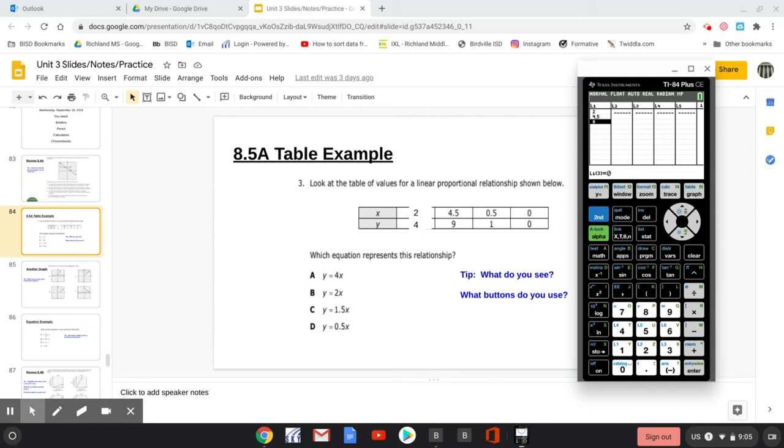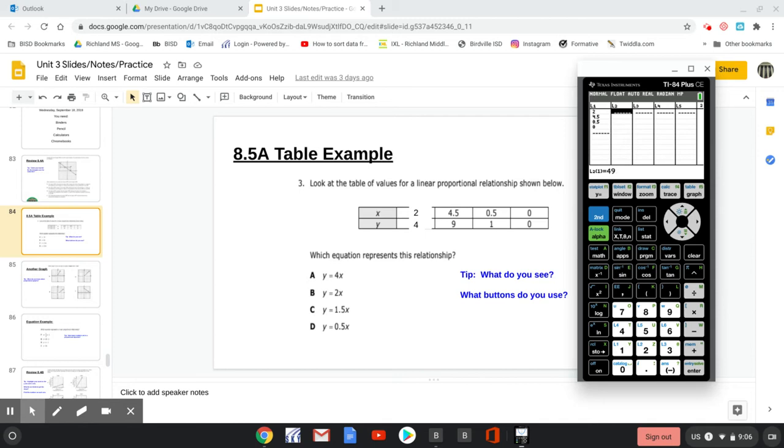Okay, 0.5, enter, and 0. I'm going to go up, over, and I'm going to put in 4, 9.